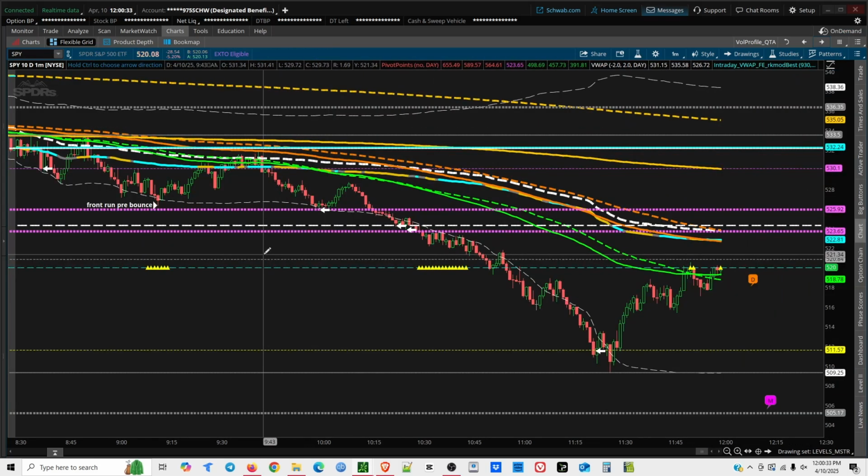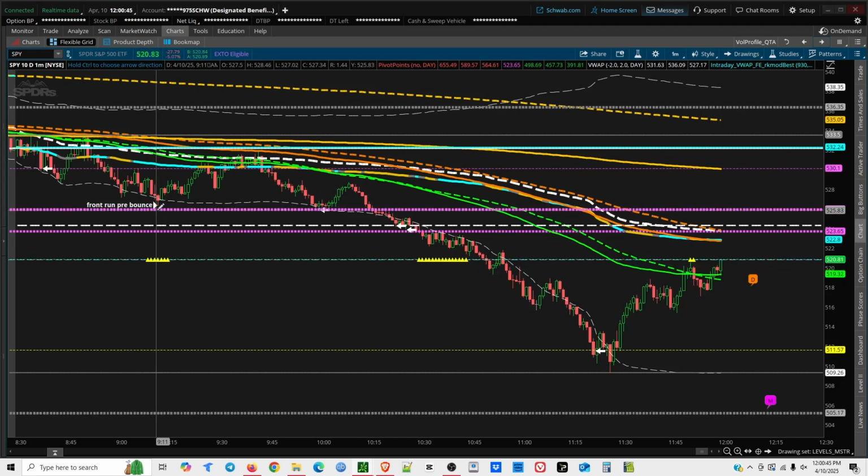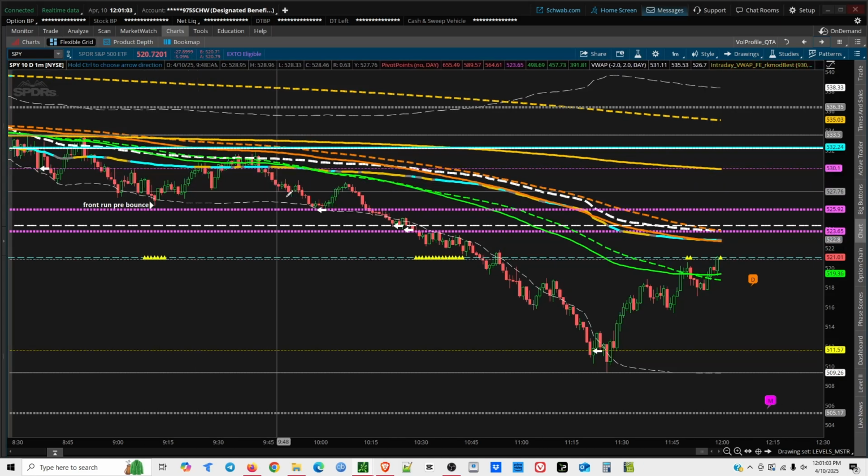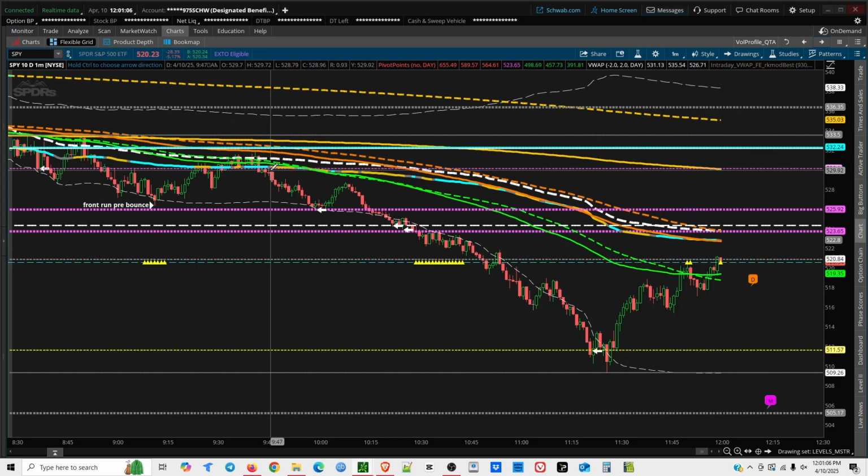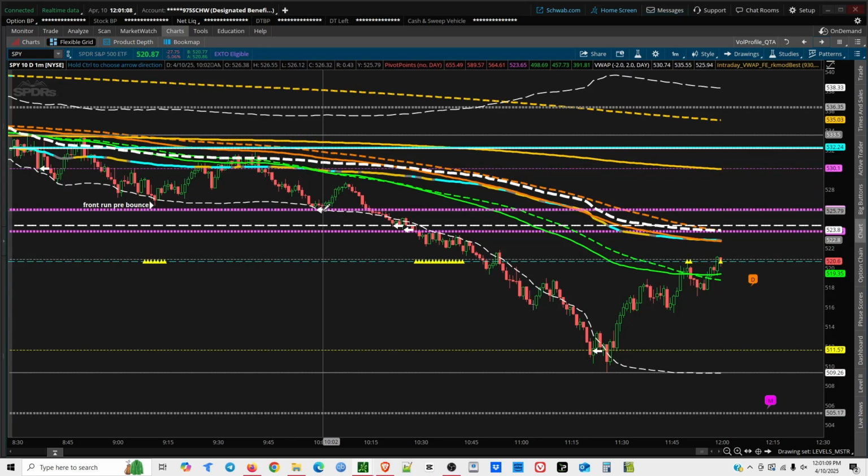And then to SPY, we find that this candle did not quite come down before bouncing on this pivot point. So it was front run by the market, a very healthy bounce up to intraday VWAP and this other pivot point. And that informed us for when the market did come down and actually touch that pivot point, that there was a very high likelihood of a bounce then as well.